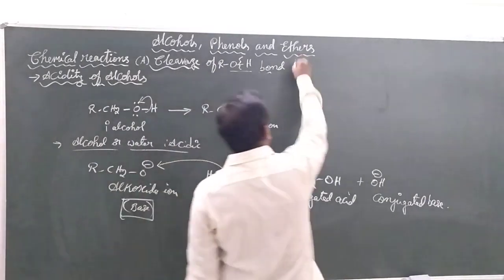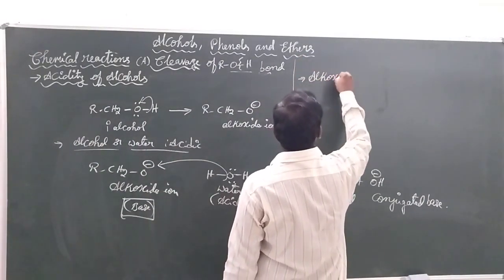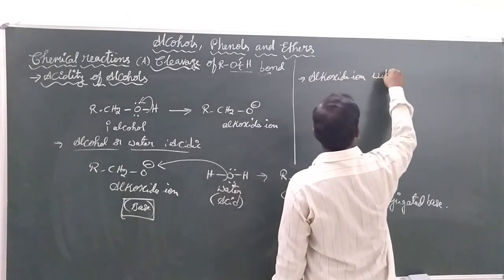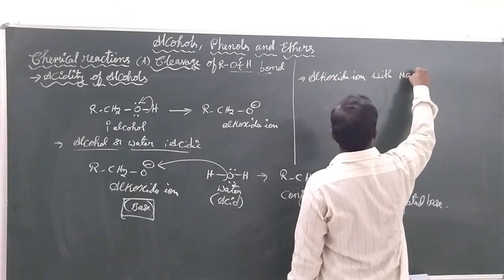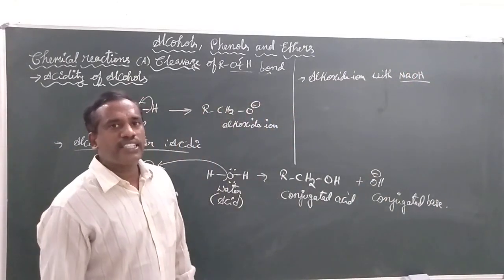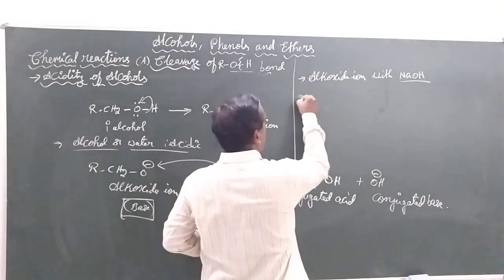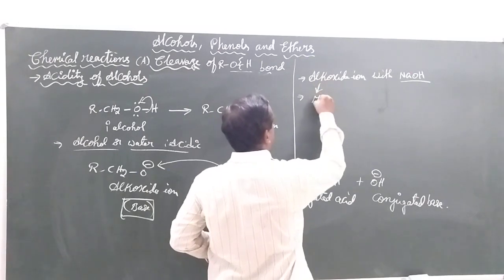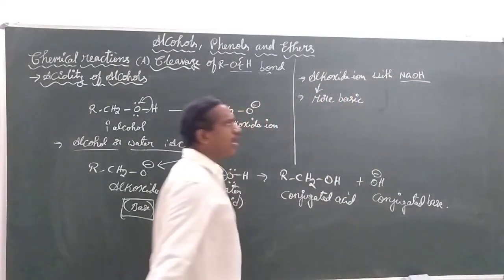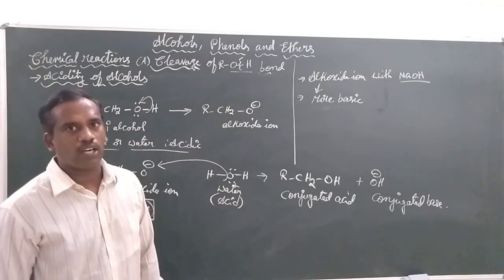When we compare alkoxide ions with sodium hydroxide, these alkoxide ions have more basic nature than the hydroxide ion.